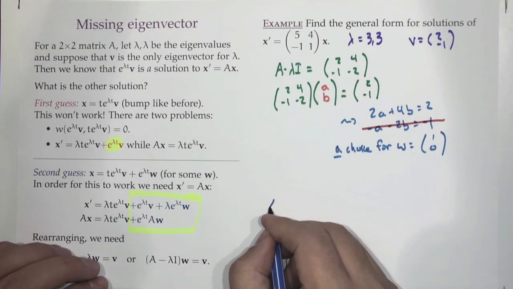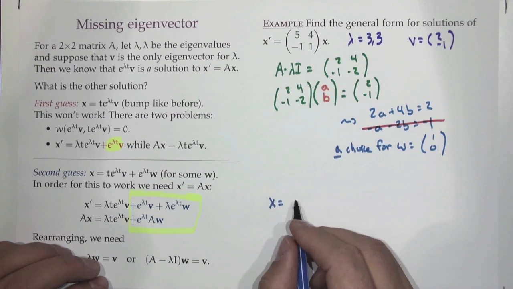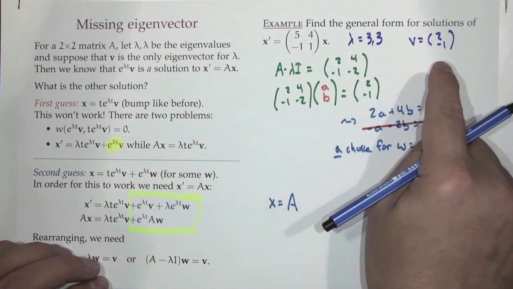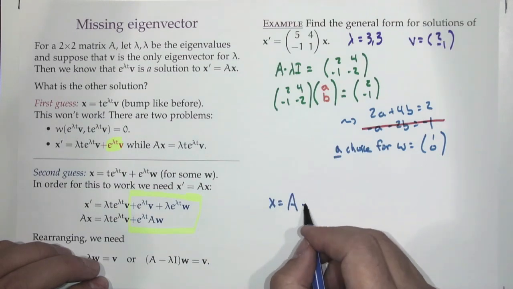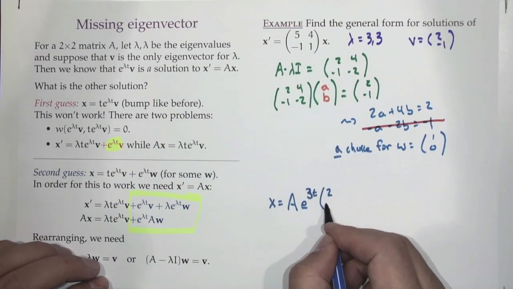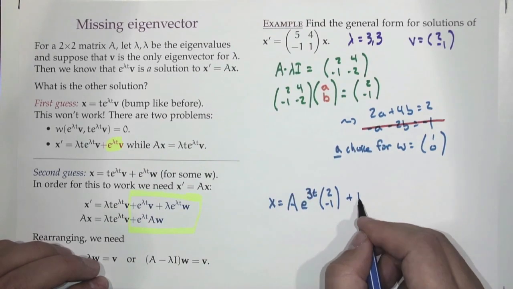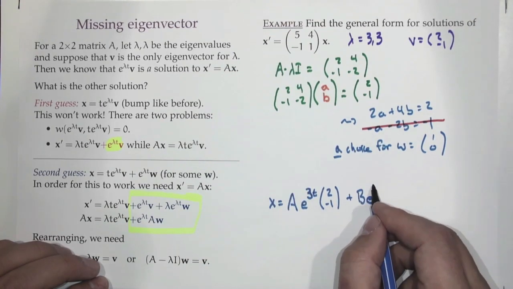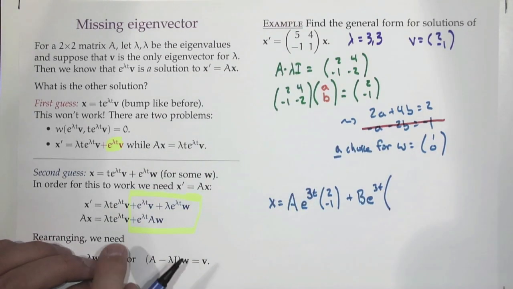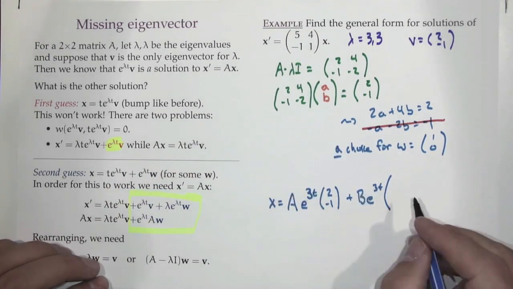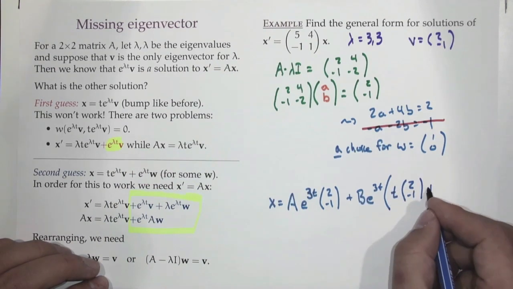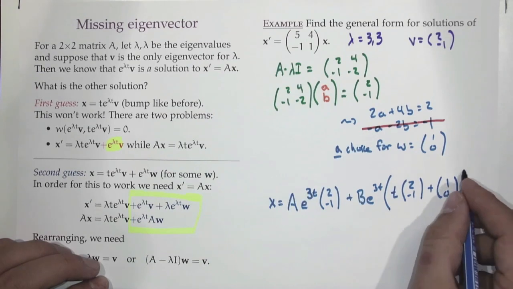So we already said our first function, a e to the lambda t, so in this case e to the 3t, eigenvector. The second one will be e to the 3t, and now what it becomes is t times v plus our correction.